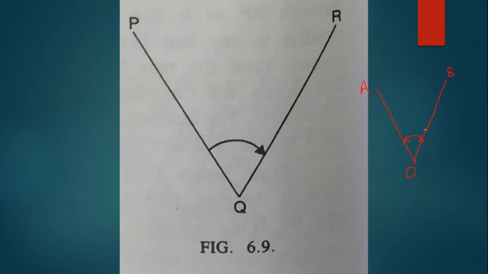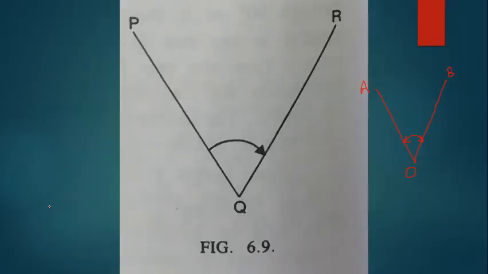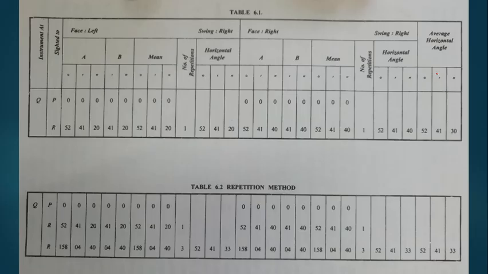Let us say we are doing this complete process with the face left. Now we got the first reading of face left. We are going to see the tabular form also. The tabular form can be spoken of with respect to PQR, or also with respect to AOB.